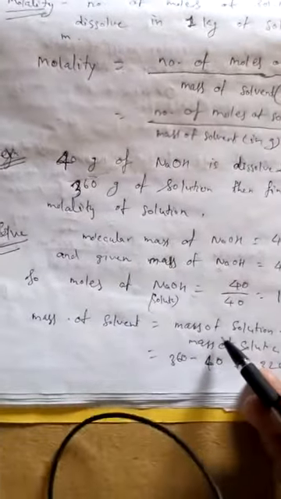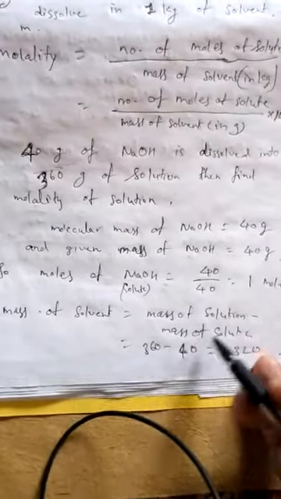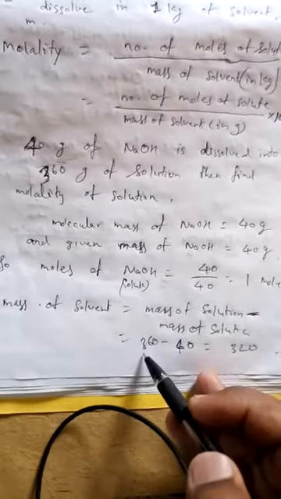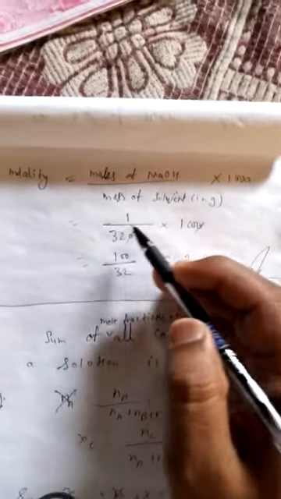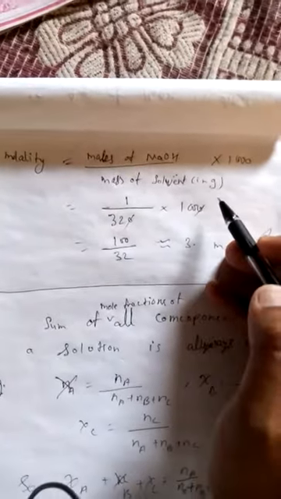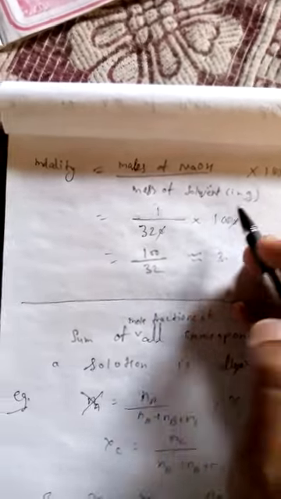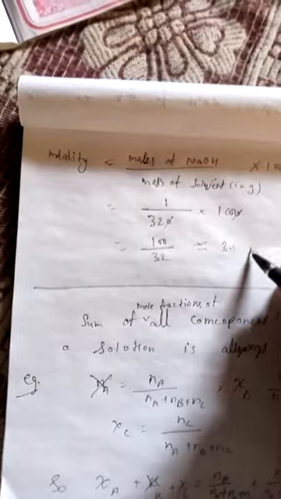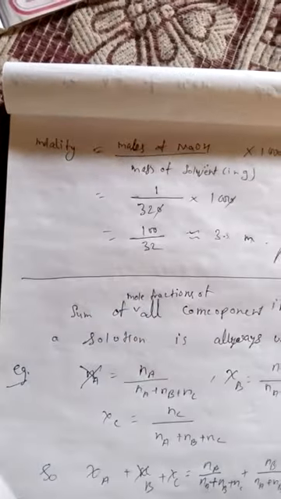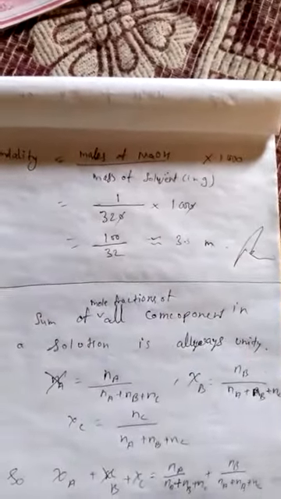Mass of solvent is equal to mass of solution minus mass of solute, that is 360 minus 40 is equal to 320. So molality is equal to moles of NaOH upon mass of solvent in gram into 1000. It comes approximately 3.33, small m. Note, molality is expressed by small m.